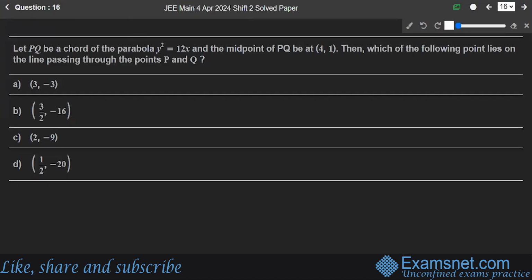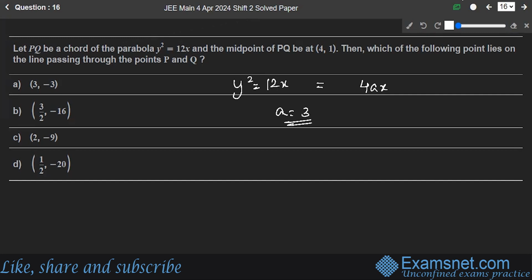Question number 16 says, let PQ be the chord of the parabola y square is equal to 12x, and the midpoint of PQ be at 4, 1. Then which of the following points lies on the line passing through the points P and Q? This is the equation of the parabola. If I compare it with 4ax, I'll get the value of a as 3.